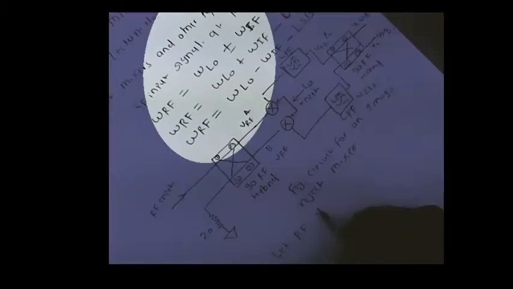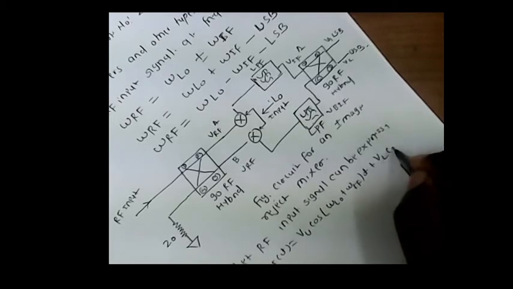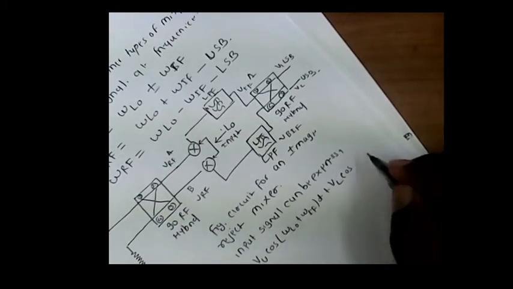Let the RF input signal be expressed in instantaneous or peak value in the form: V is equal to VU cos(omega LO plus omega IF) t plus VL cos(omega LO minus omega IF) t.